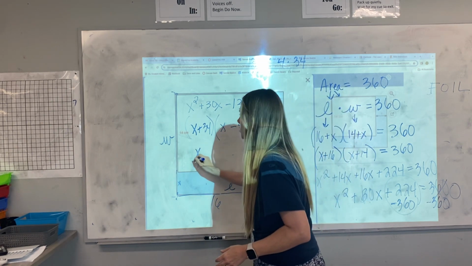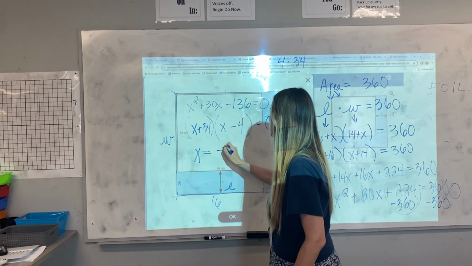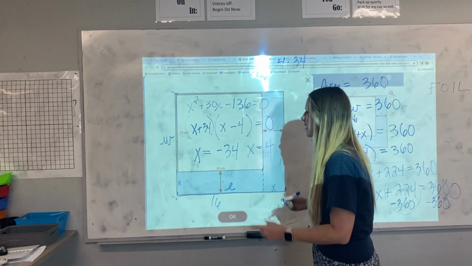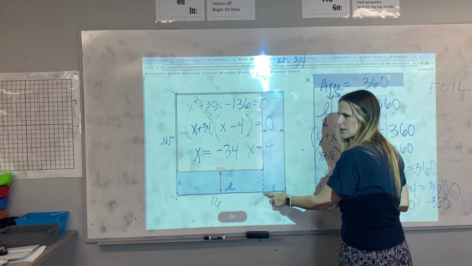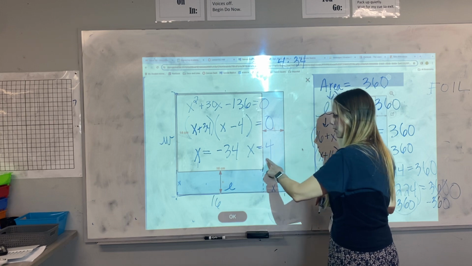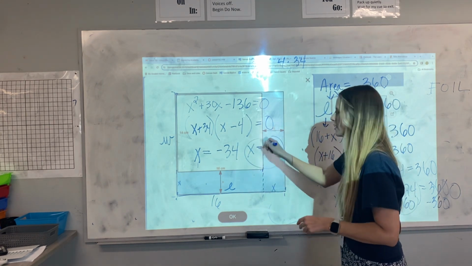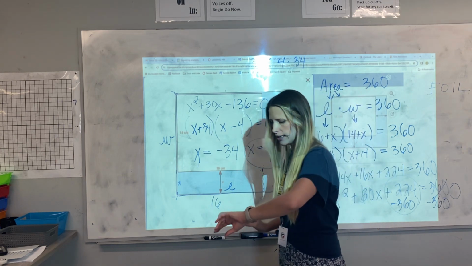If we get solutions of x equals negative 34 and x equals positive 4, and I need a dimension for this distance, will both of these work, negative 34 centimeters? Or which one's going to work? Yeah, only the positive version. So this is the answer.